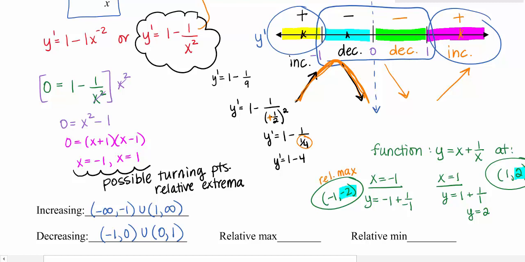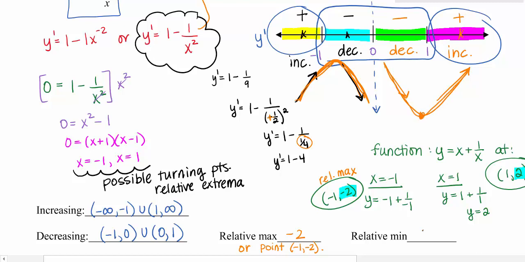Okay, so my relative max would be at -2, or if you were writing this, I could say at the point -1 comma -2, because we will get to the point where we need to graph this, so you're going to need to know the x value and the y value. And the relative minimum is because you decrease to a min and increase after.